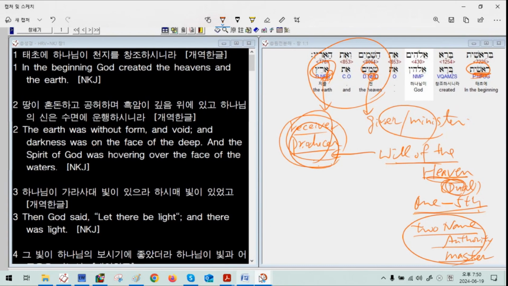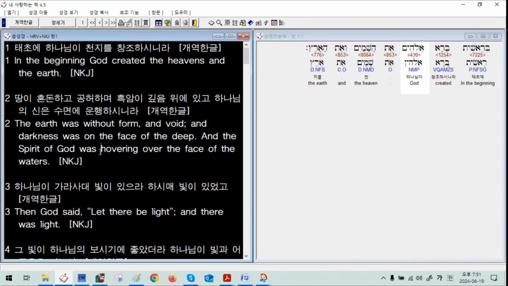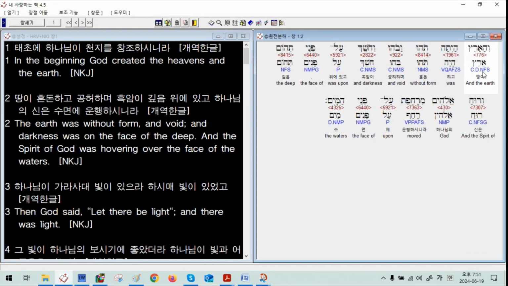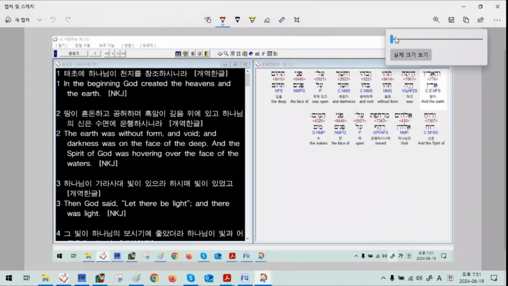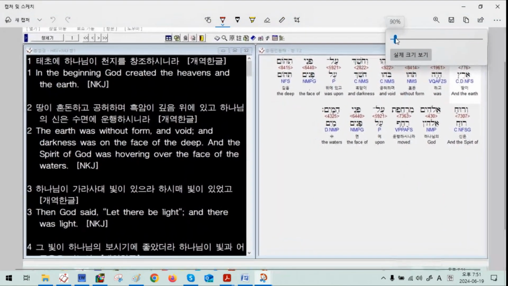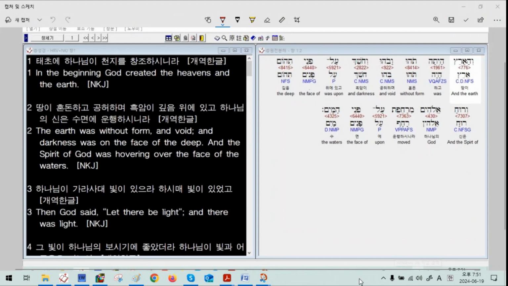When we go to verse 2, it starts with 'and', right? It is a continuation from verse 1. And when we look at chapter 1, verse 2 here, the status and state of the earth is the perfect status.